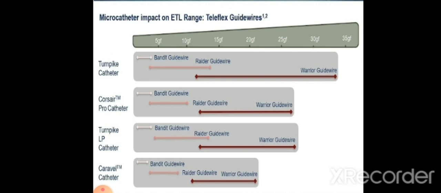If you have a heavy guide wire with a heavy or stiff microcatheter, you will have a very big range of effective tip load, which may reach about 35 gram force. And if you go down to very floppy guide wires with a very flexible microcatheter, you also have a variable range of effective tip load, but with a lower range of effective tip load ground forces.